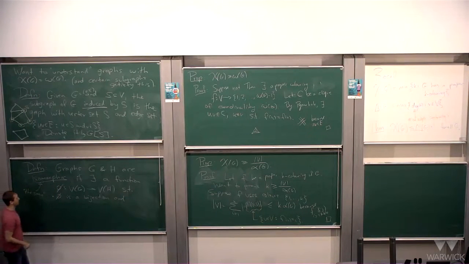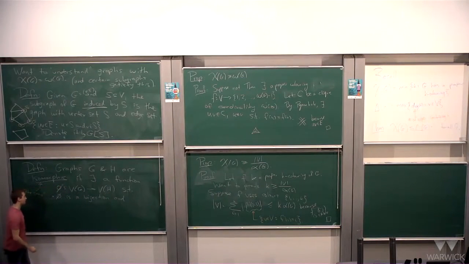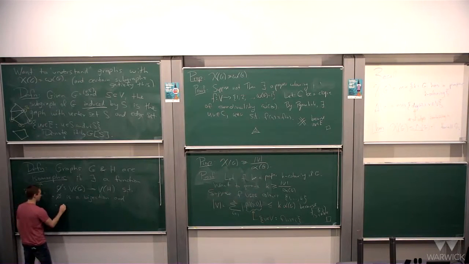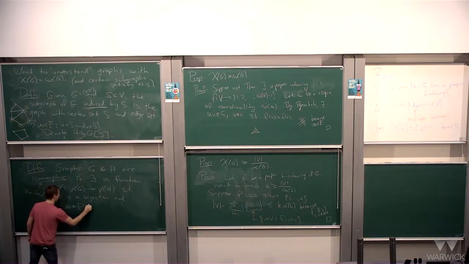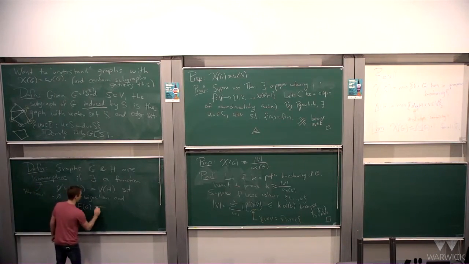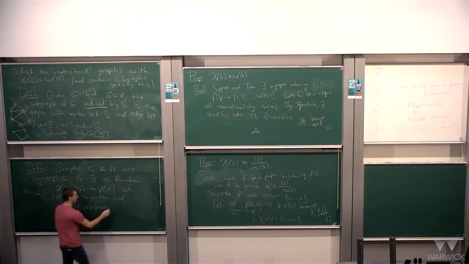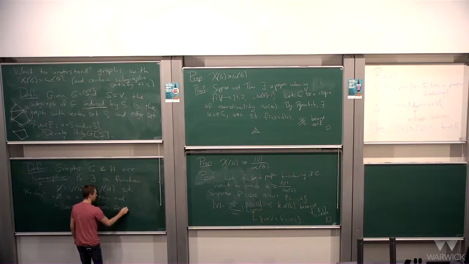It associates each vertex of G with a vertex of H in a unique way. And if you have a pair, where E(G) is the edge set of G, that pair is an edge of G if and only if the image of that pair is an edge of H.